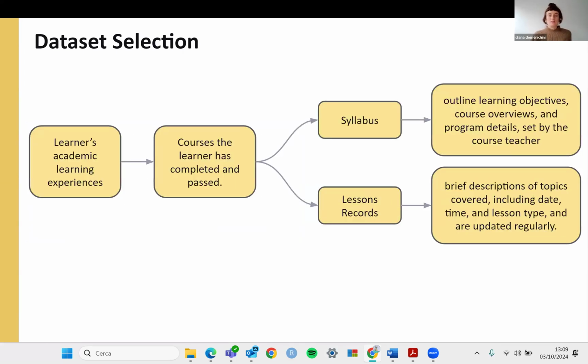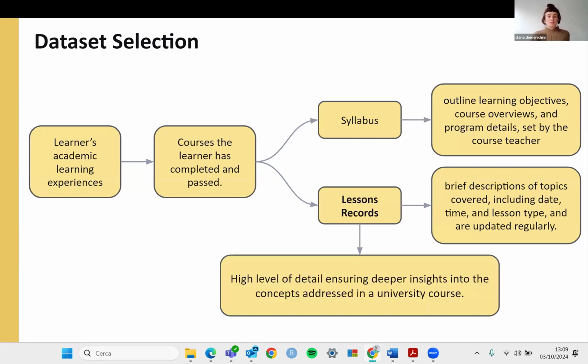I'll be fast here. I just want to understand which data set better collects the knowledge addressed in the course, and it could be a syllabus or the lesson records. We decided to analyze the lesson records, which are a brief description of the topic covered during each class of the course.